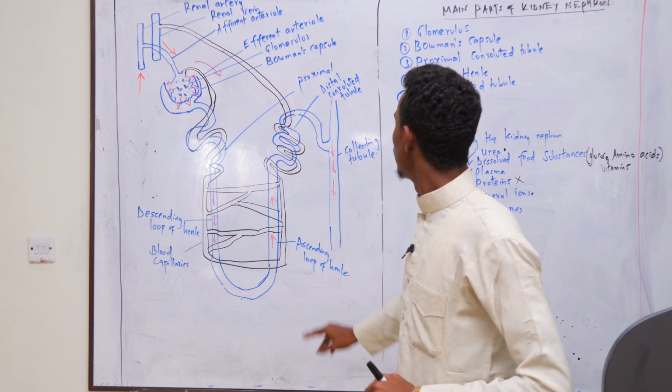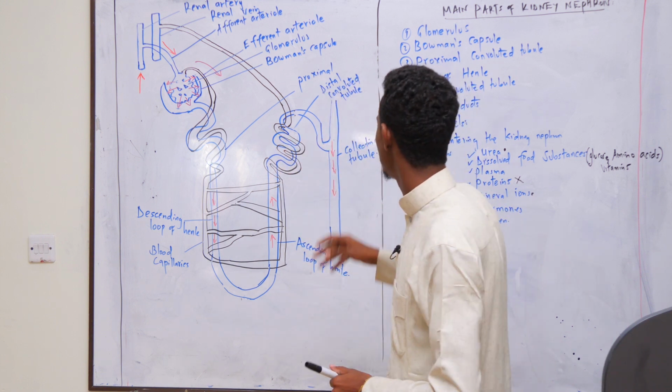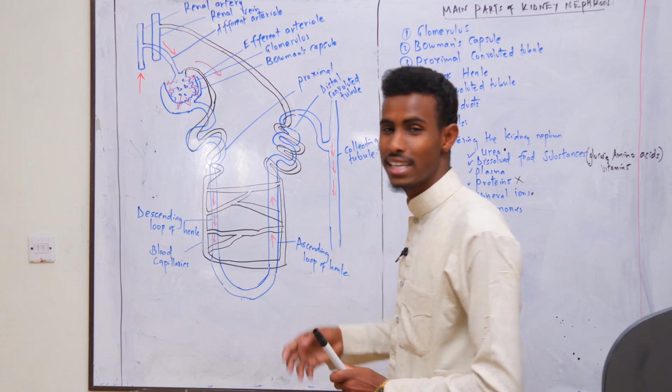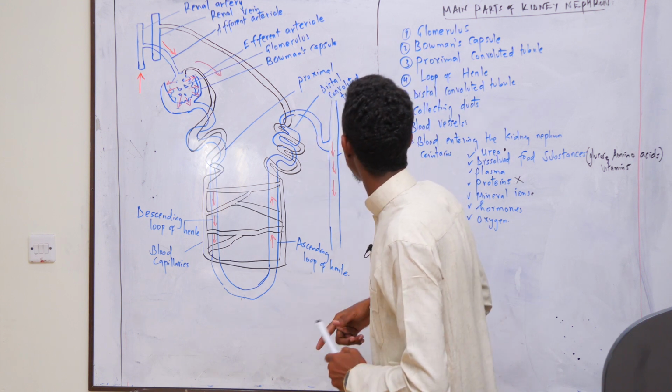And therefore, that filtrate, now containing the urea, uric acid, and some water, will be taken to the collecting tubule.